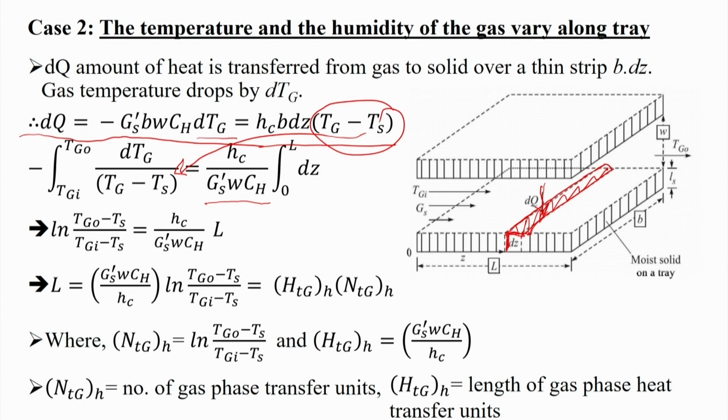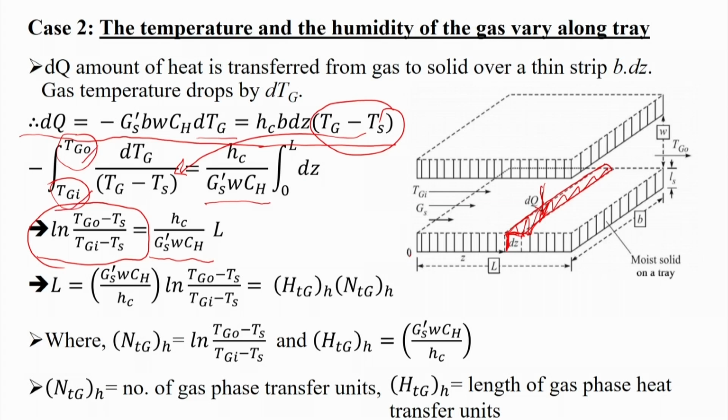So, by integrating from inlet to outlet, for a small slice and then extending it for the entire length, we get ln of Tgo minus Ts by Tgi minus Ts is equal to Hc by Gs' into W into Ch into L, integrating from 0 to L, that is Tgi to Tgo.